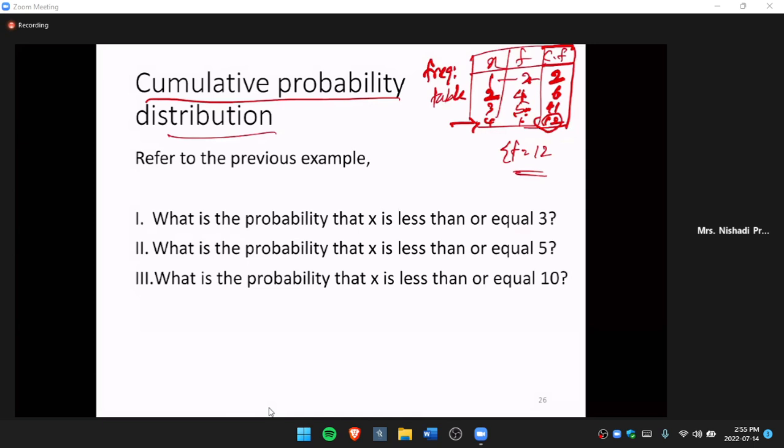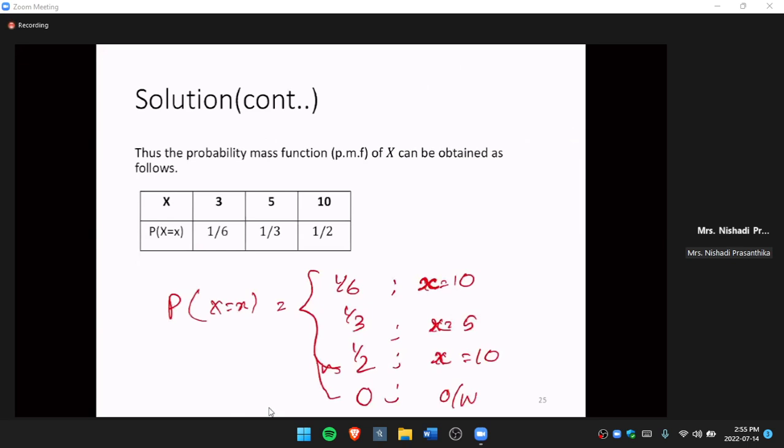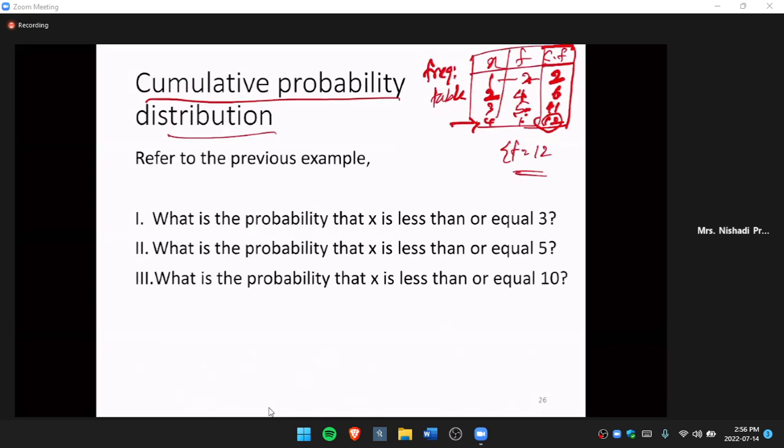Okay, see the first question. What is the probability that x is less than or equal to 3? Here 1 over 6 means what? That is the probability when x equals 3. When x equals 3, the probability is 1 over 6. Now it asks, what is the probability that x is less than or equal to 3?